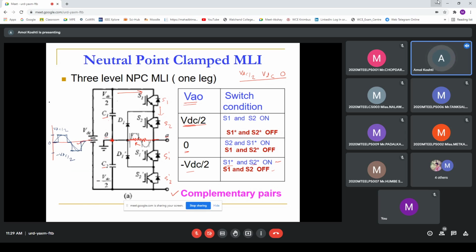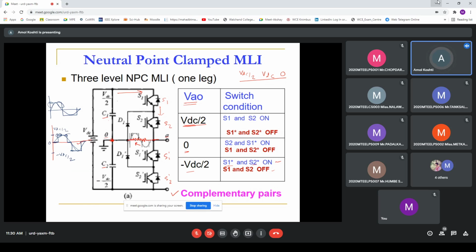And if you observe how the two level is produced, the two level is in this way. Here we have clamped this, so we are getting a sine wave in two level in this way. Here the unwanted part is more, whereas in the three level this unwanted part is less. It means the pulsating nature is less, so obviously we'll get less harmonics in the system.